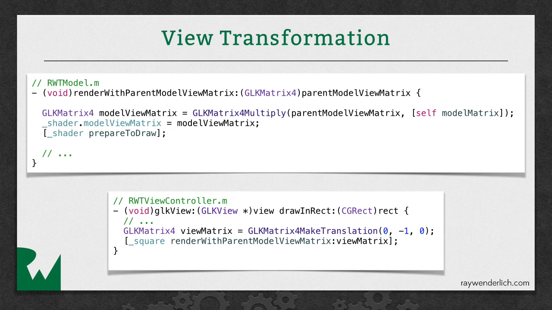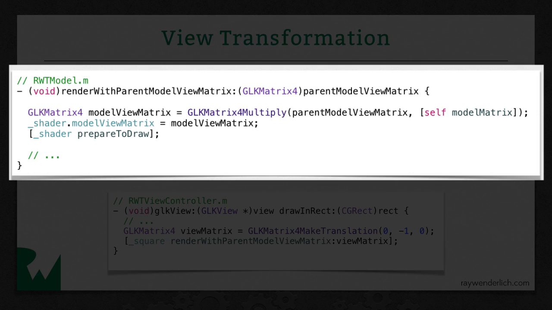Let's take a look at how this looks in code. So moving on to RWTModel.m, we're going to add a new parameter to the render method, which is the parent model view matrix. This will represent that a parent object can contain multiple child objects. So our parent object so far is going to be the scene itself. And the scene has many models that it's probably trying to draw.